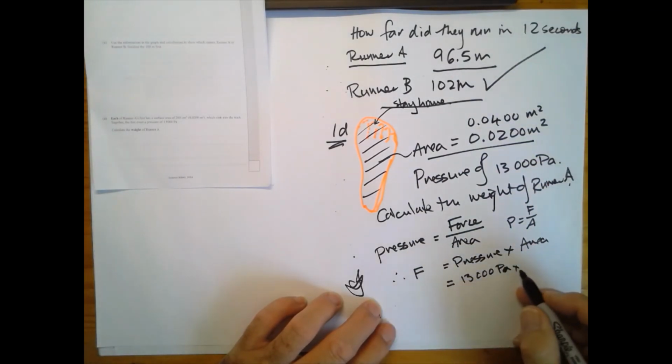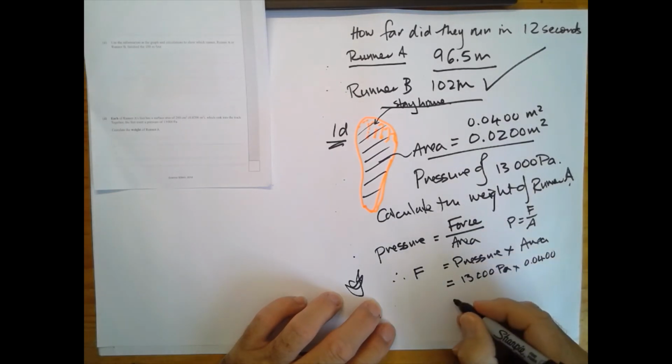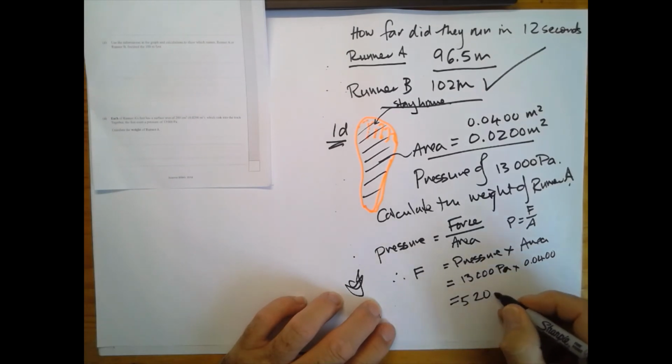So force is equal to pressure times area, 13,000 times 0.04. So the force is equal to 520 newtons.